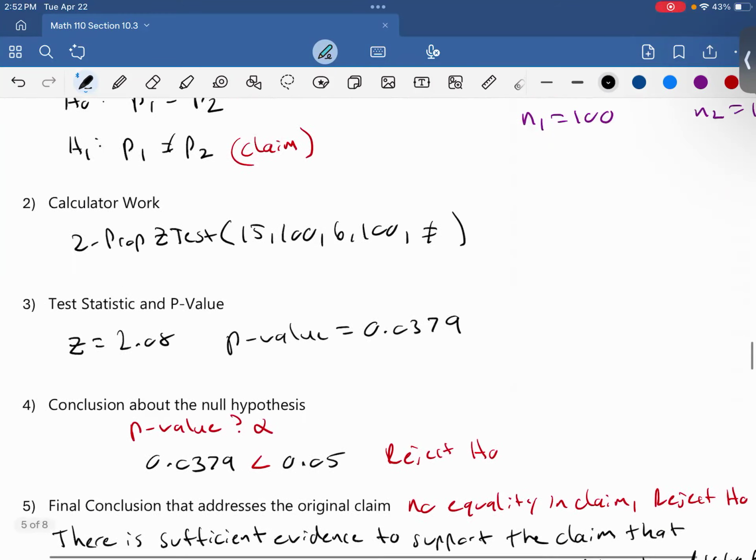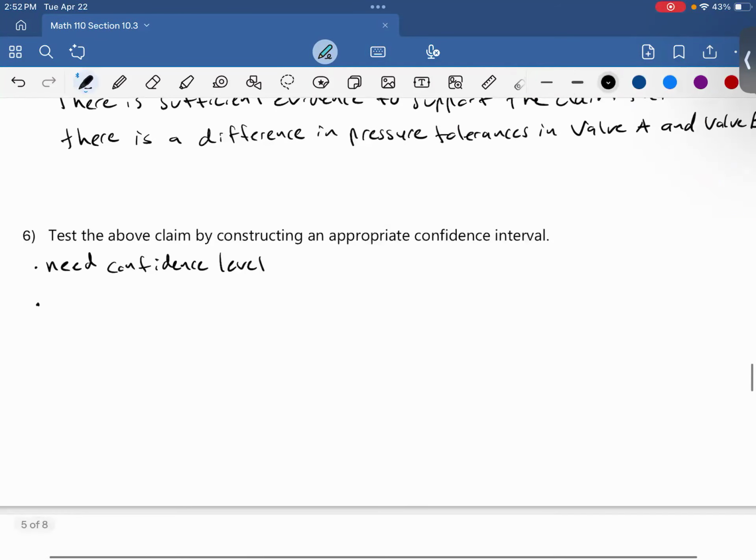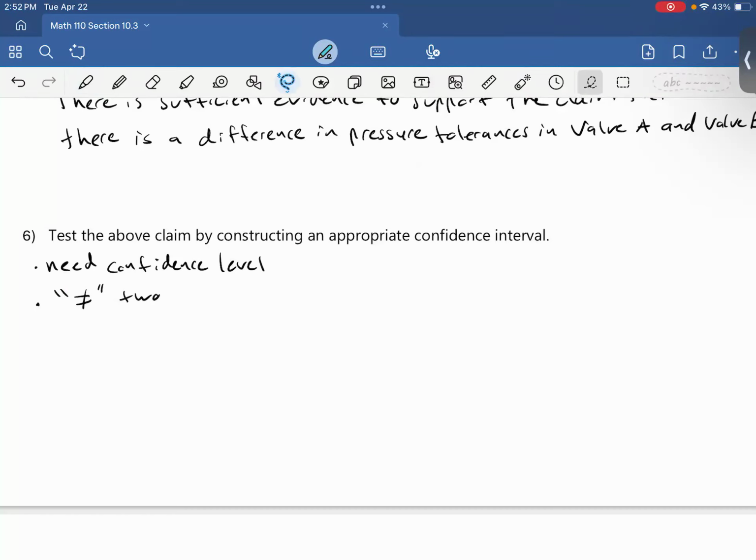We have to check our inequality, meaning our alternative, and we see we have a not equal to. Not equal to means two tails.